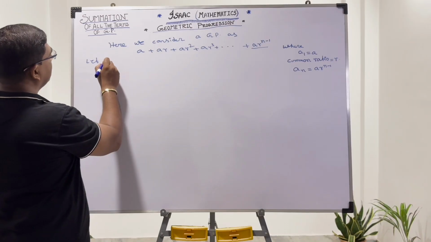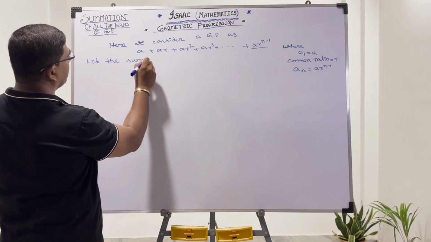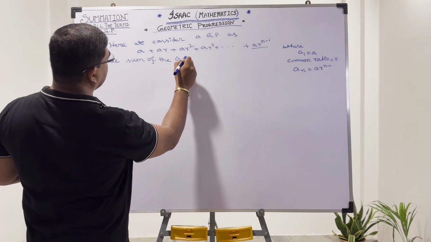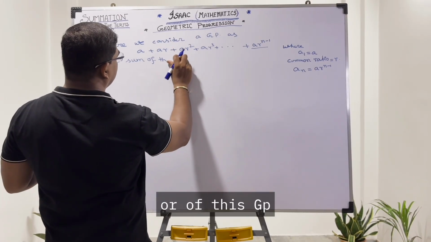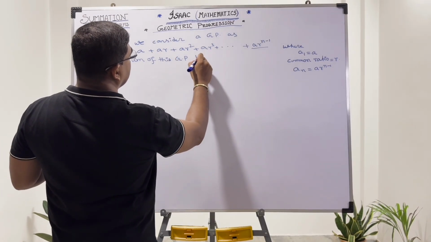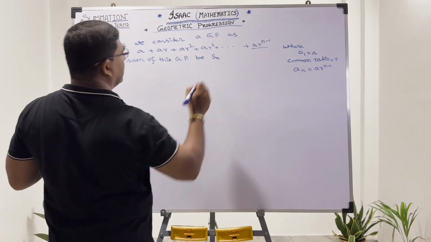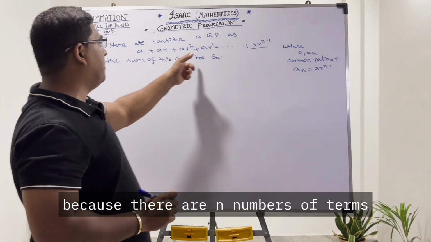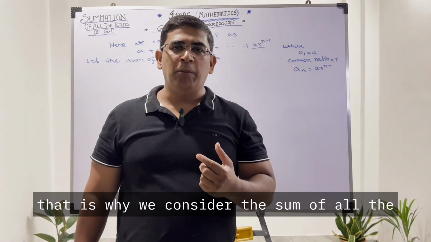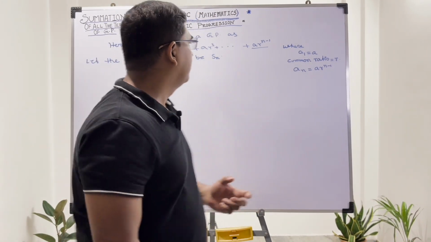Let the sum of this GP be Sn, because there are n terms, that is why we consider the sum of all the terms of this GP as Sn.